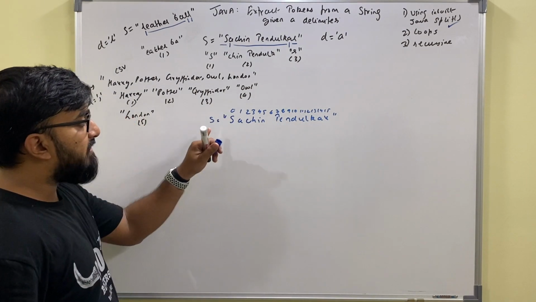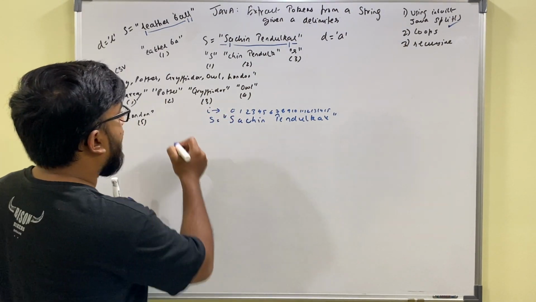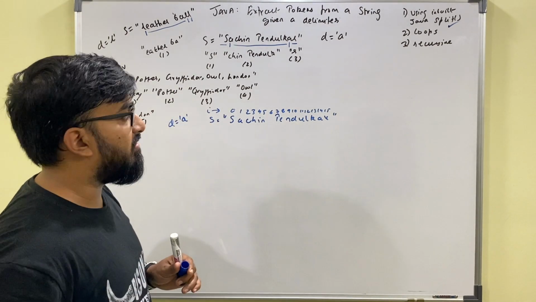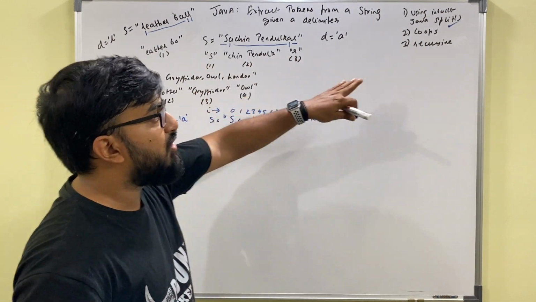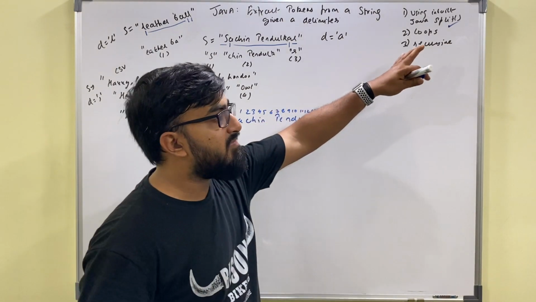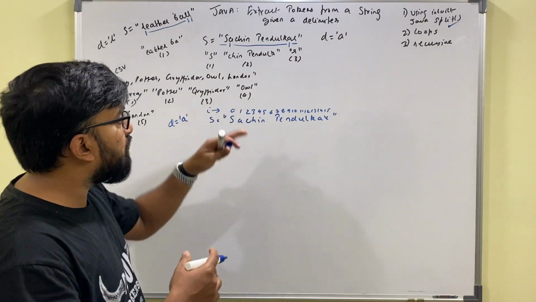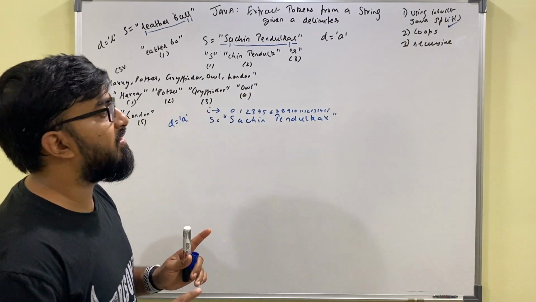String s gets these indices, and my delimiter is lowercase a. Now I have to extract these very tokens using loops. I cannot use split in this case. In the split method we were getting the tokens in a string array. In this case, I will show you how to store the tokens first in an array list and then in an array.